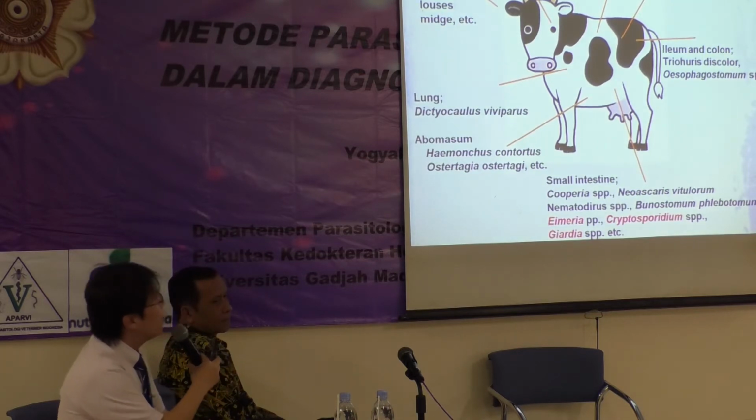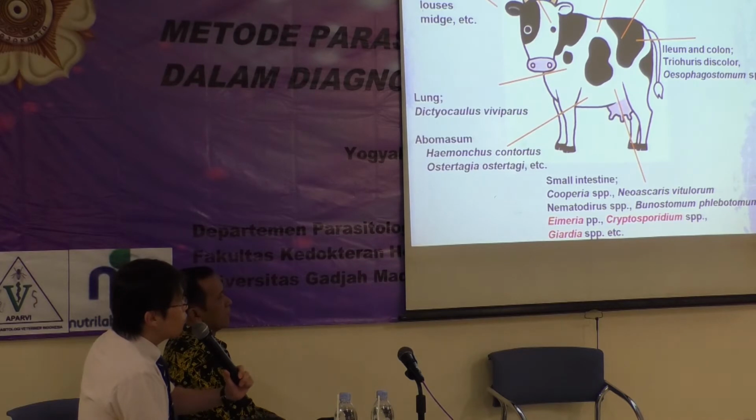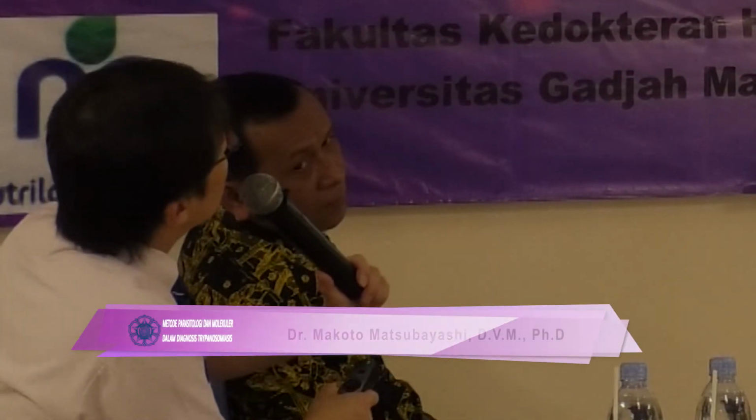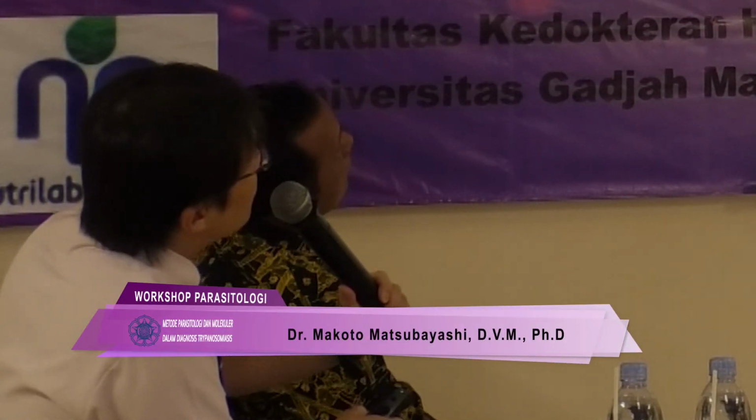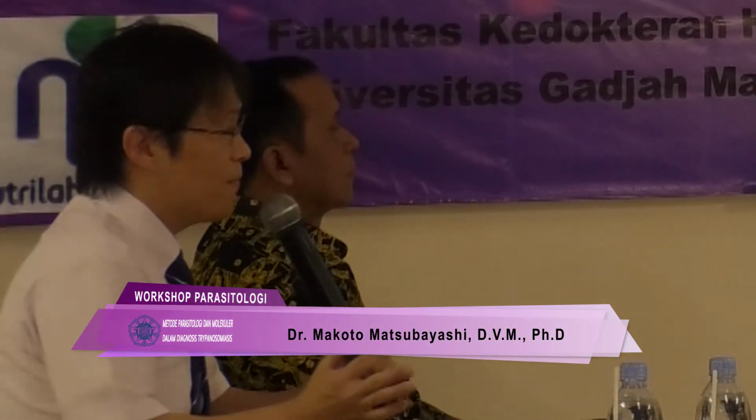Parasites in cattle: there are so many species. I would like to focus on these parasites: Eimeria, Cryptosporidium, and Giardia. Because other parasites can be relatively easily detected. For example, Bunostomum and Fasciola we can relatively easily detect.